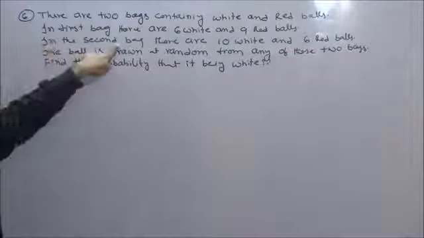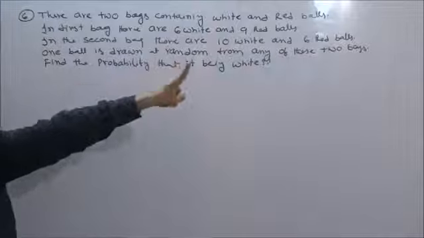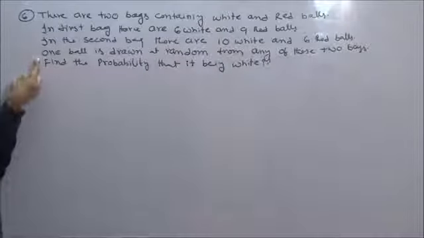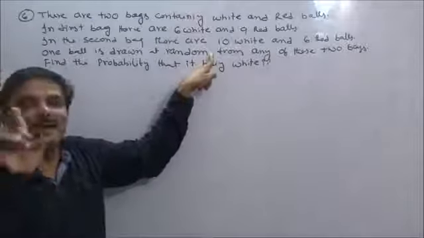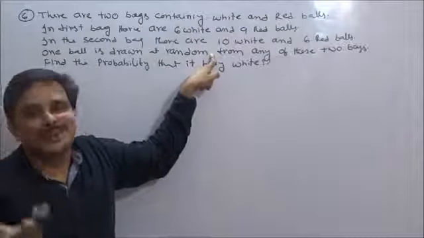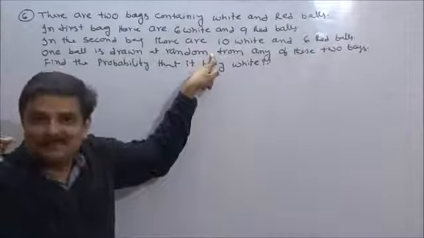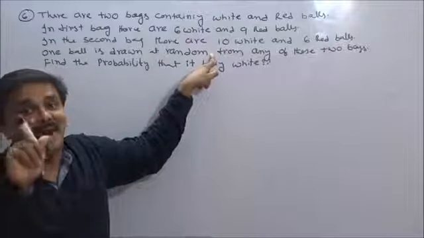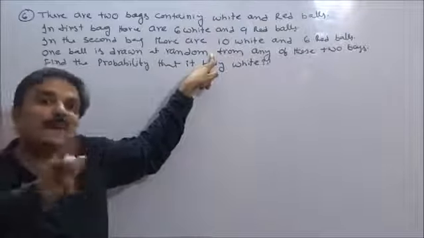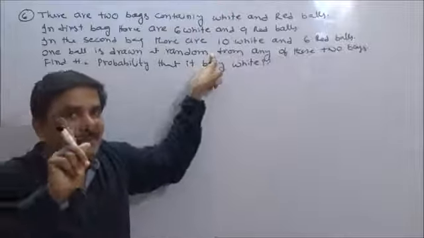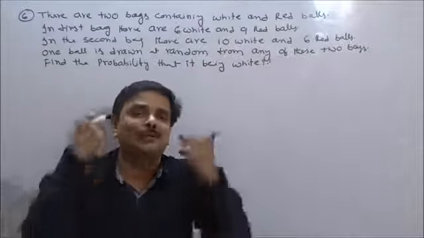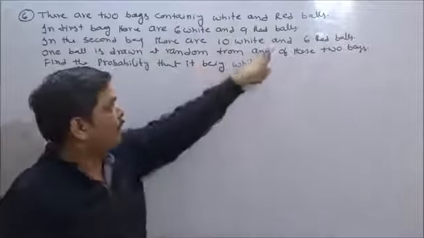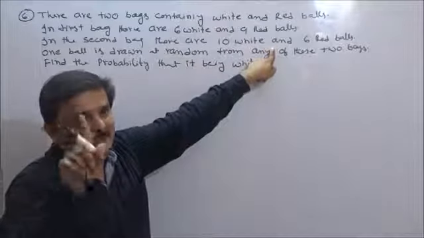In the second bag, there are 10 white and 6 red balls. Now, this is important, students. One ball is drawn at random. Not very important, right? But after that, there are 2 bags, students. Observe carefully. If it is only one bag, much concentration would not be on the next sentence. But there are 2 bags.